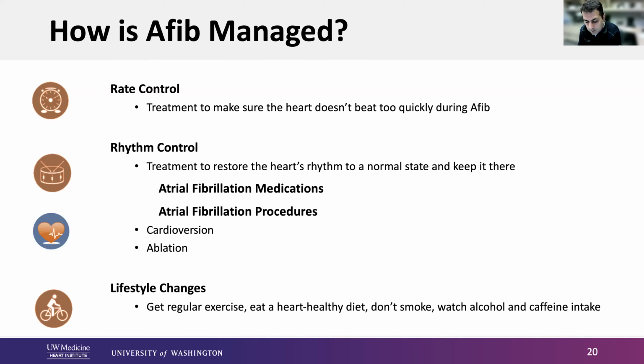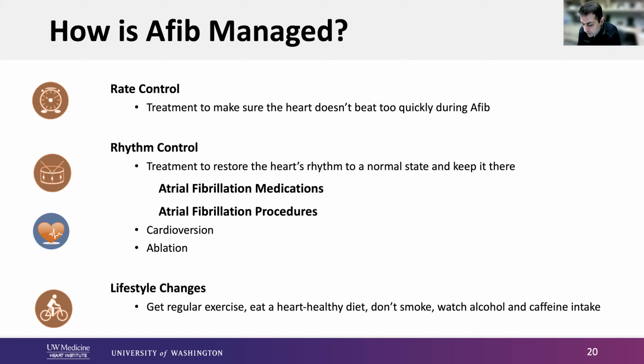So we don't want it to race, and these medications help us bring that heart rate down. They may not get them out of the arrhythmia, but they will definitely slow them down. And this way we can start exploring the other options to get them out of arrhythmia without worrying that they're racing all the time and that their heart's going to get weaker and weaker. So that's what rate control refers to.